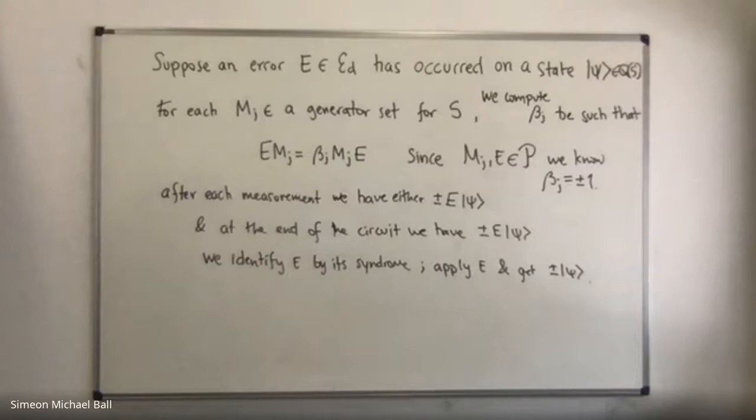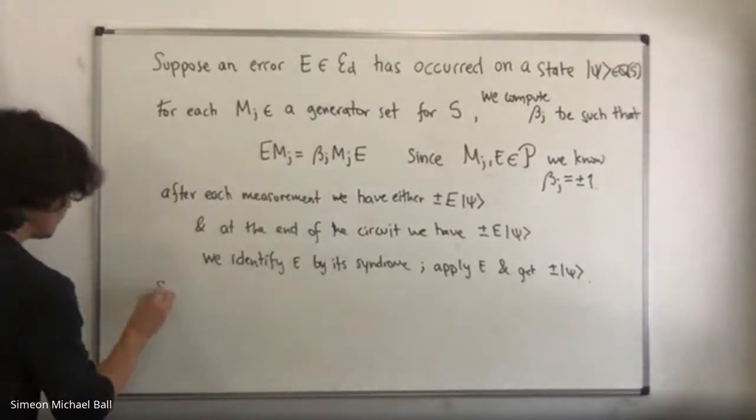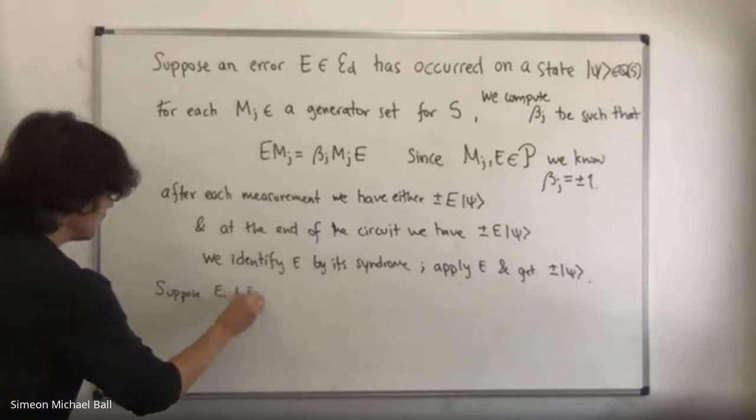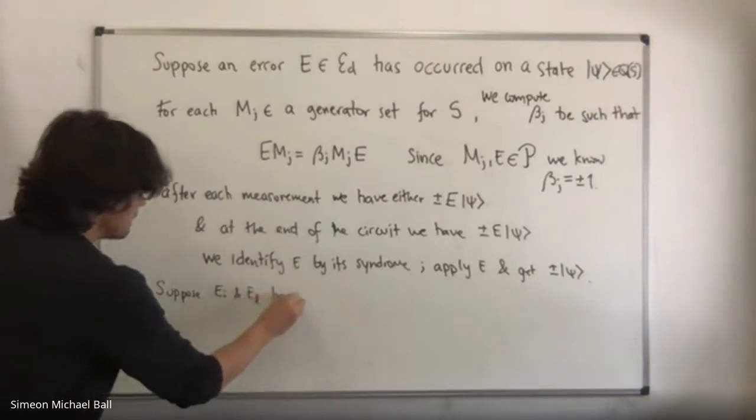Now, what would happen if it so happened that, suppose, Ei and El have the same syndrome?